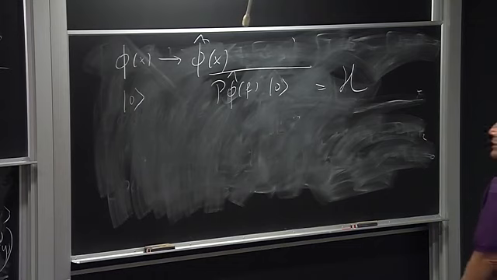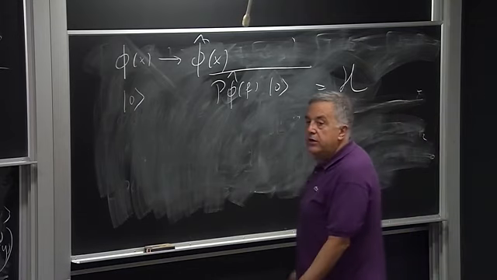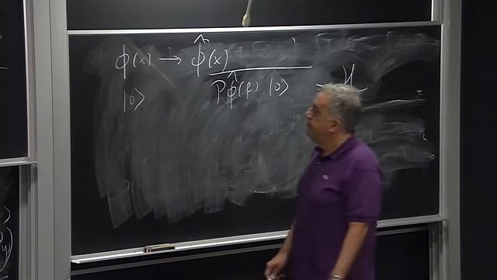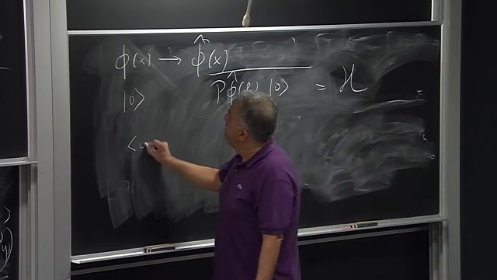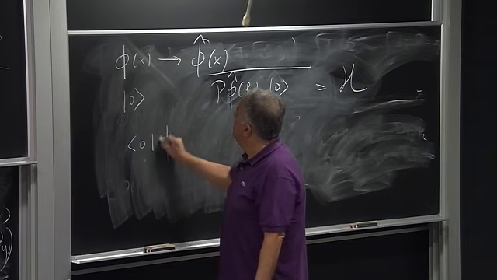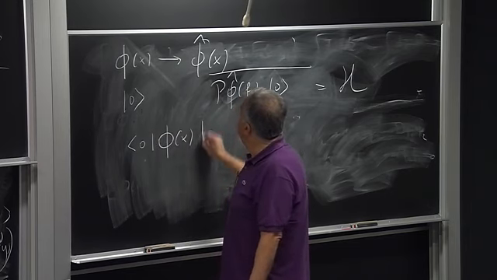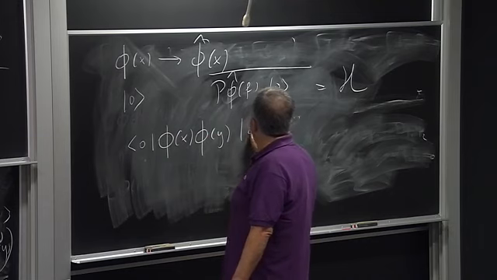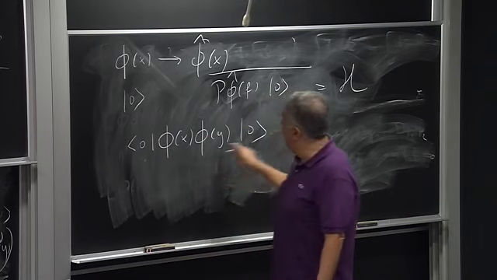Since we are constructing quasi-free theories, linear theories, all the content of the theory is encoded in the two-point function.